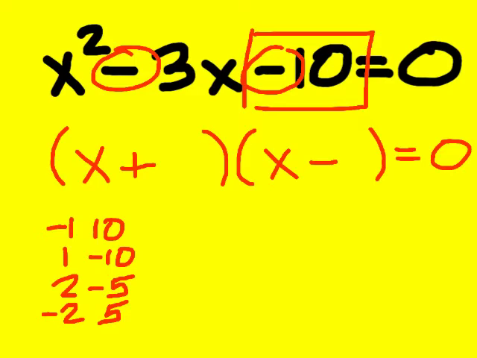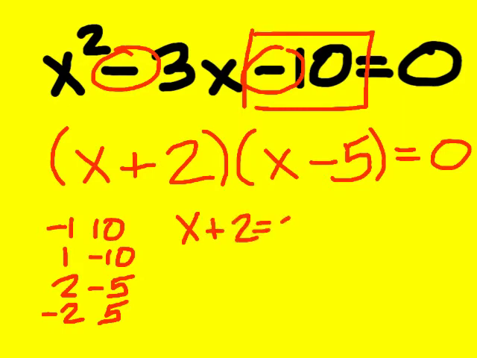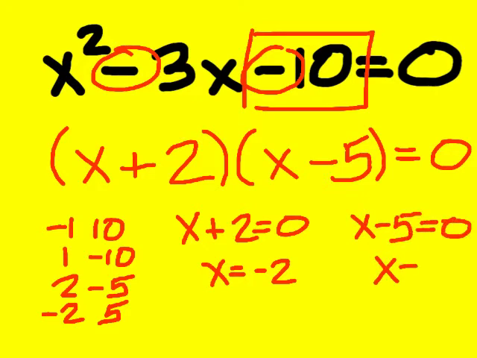So which pair of numbers will add to get negative 3? 2, negative 5, yeah. So the 2 is positive, 5 is negative, so that's why they go in these spots. And then when you solve it down, x plus 2 equals 0 gives you x equals negative 2, and x minus 5 equals 0 gives you x equals 5.